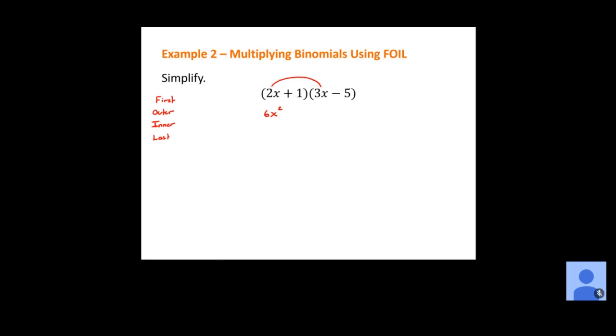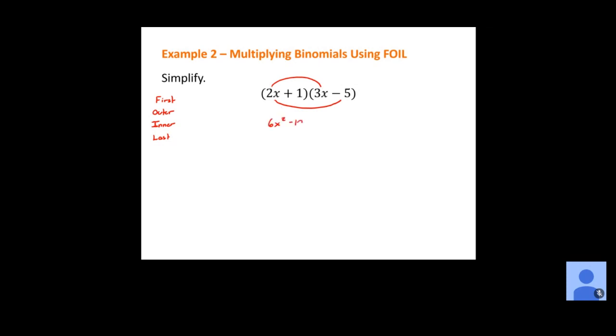All right, then we're going to go to our outer terms. What are the outer terms? Good. 2x. And make sure in this case it is a -5 that we're multiplying by. So if we multiply a 2x and a -5, what should we get? -10x. Good.